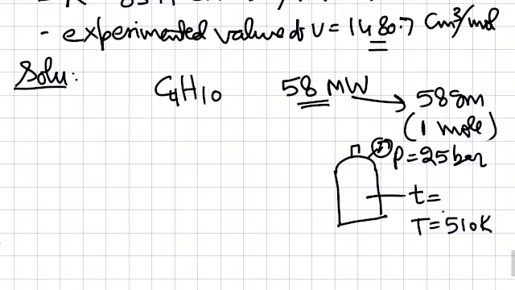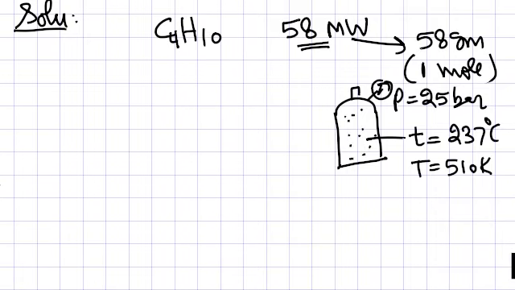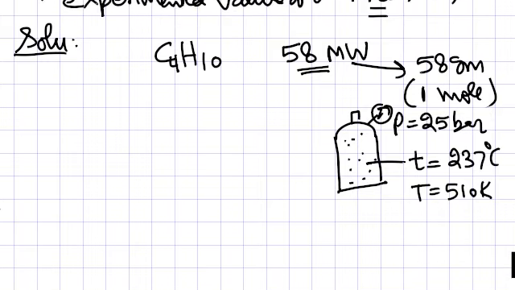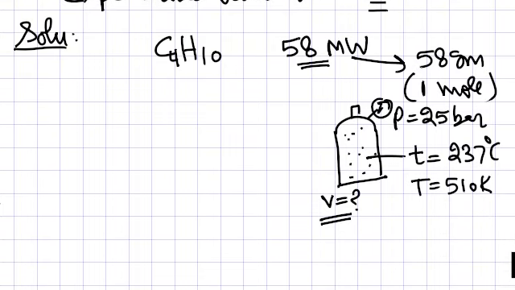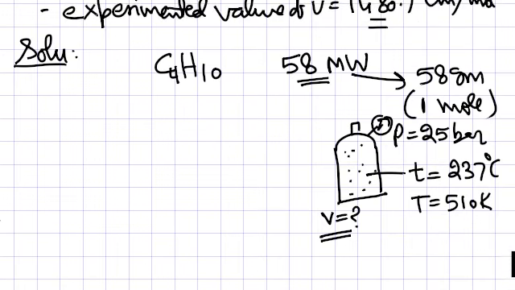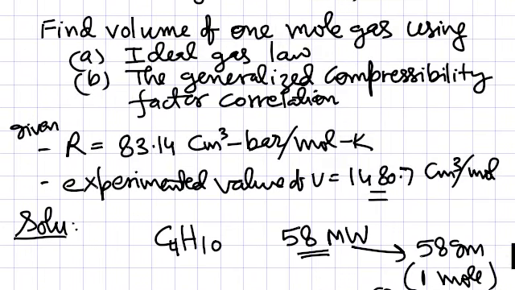If you convert it to degrees centigrade, you will find that it is 237 degrees centigrade. So maybe in some industrial reactor this kind of thing is made. You have to calculate the volume of this cylinder. What volume of the cylinder will you need? You have to manufacture this kind of reactor or cylinder. So that is your problem. First we will solve it with the help of the ideal gas law.